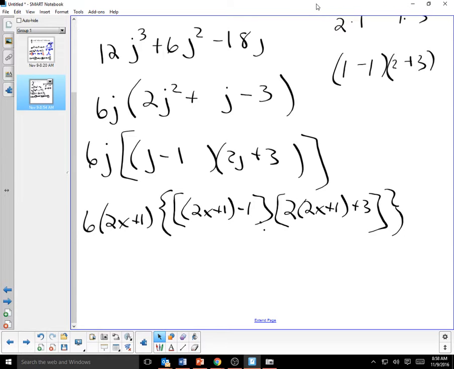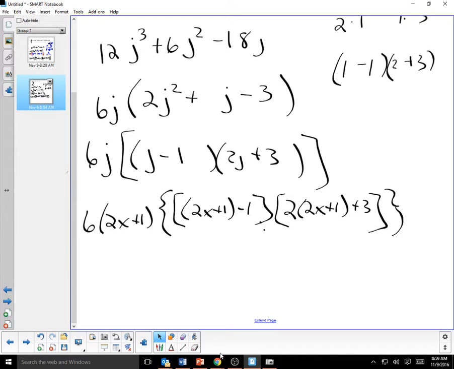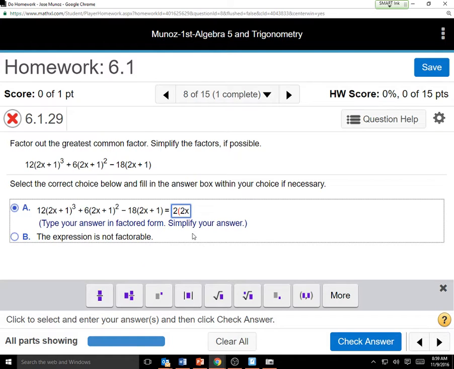Let's see here. So let's plug it in. Let's see what it tells me. I want to do it my way. 2 parenthesis 2x plus 1. What were we saying? What's the next one?